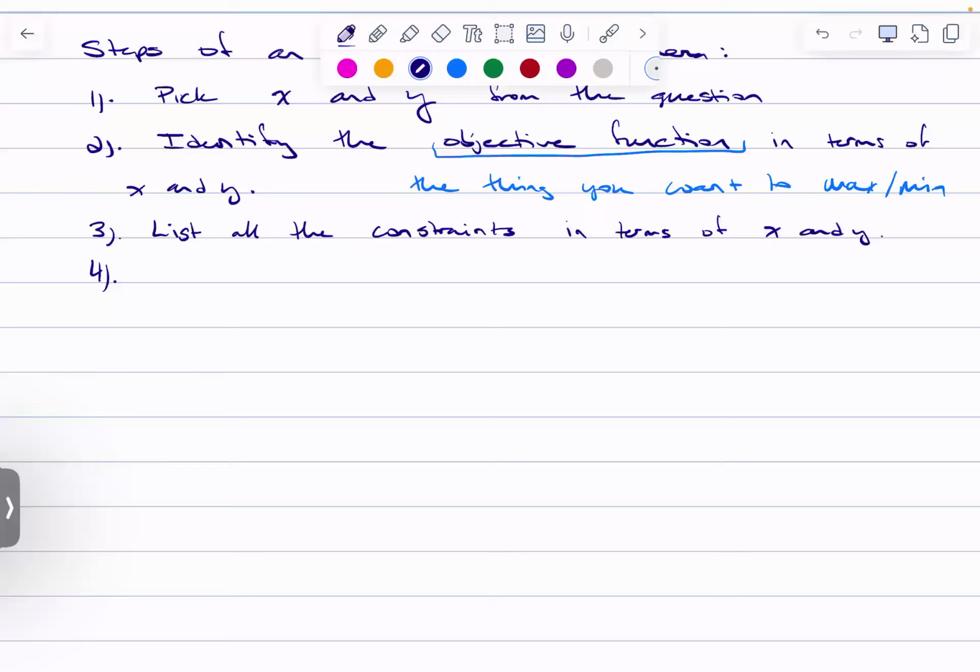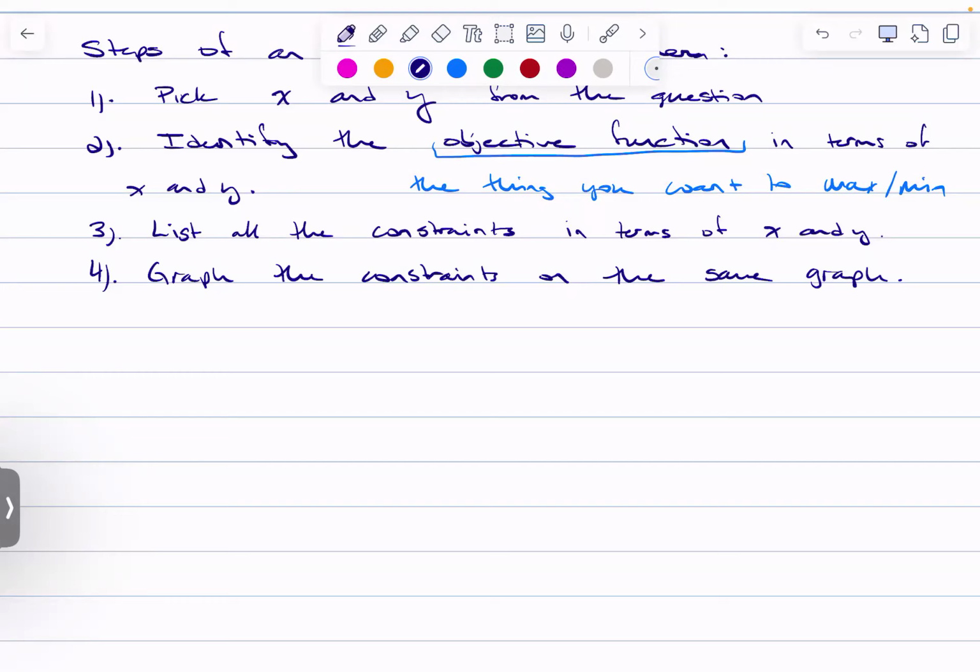Next, you're going to graph the constraints on the same graph. From those constraints, right, you'll find the region where all the constraints are satisfied.